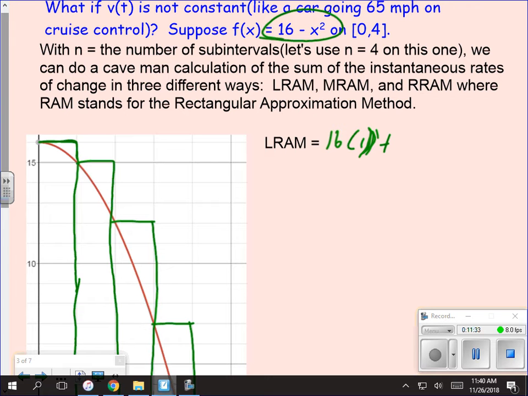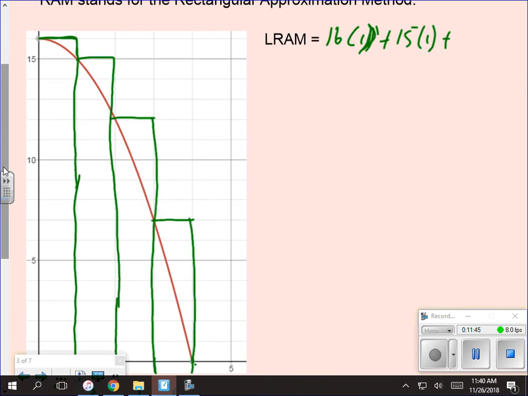It's 1. 16 minus 1 squared is what? 15. So 15 times 1 plus, what's the height on the third rectangle? 12. 12 times 1. Plus, and what's our last one? The height is 7. 7 times 1.